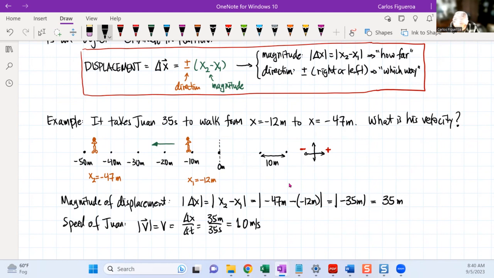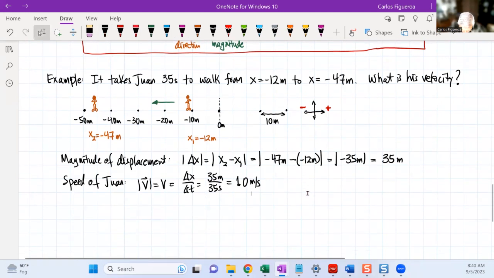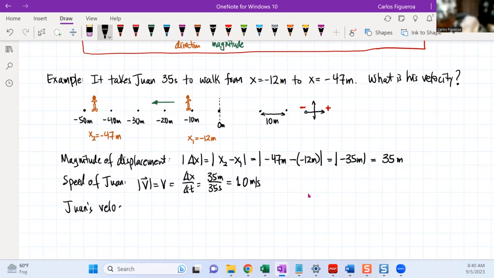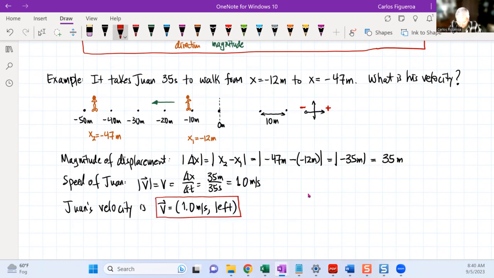That's his speed. So now I could say that Juan's velocity is this vector that tells me that he's moving at 1 meter per second in the left direction. That is his velocity vector right there. The negative sign only tells us the direction that he's moving.